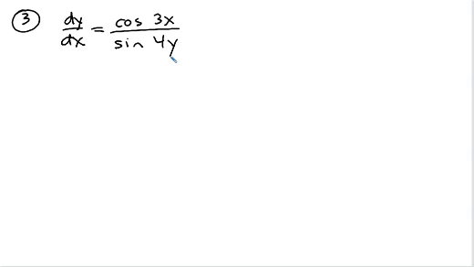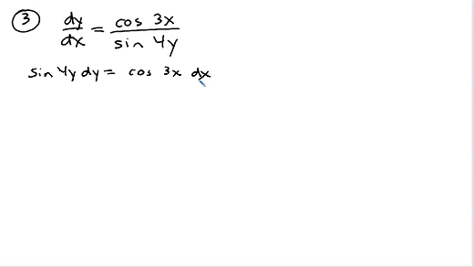And this one's actually kind of nice because you can just cross multiply. If you cross multiply, you get your variables separated. You can't always do that, but on this one you can. If I cross multiply, then I have sine of 4y dy equals cosine of 3x dx.